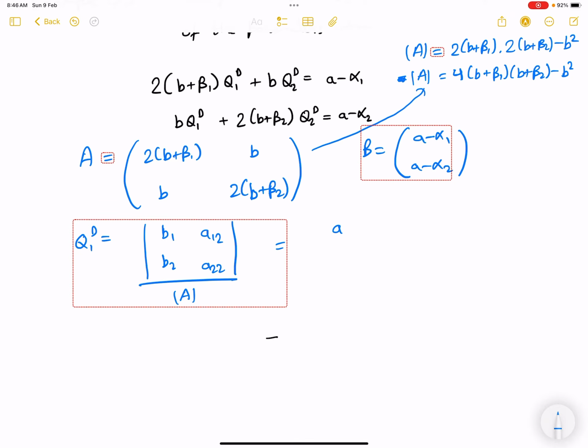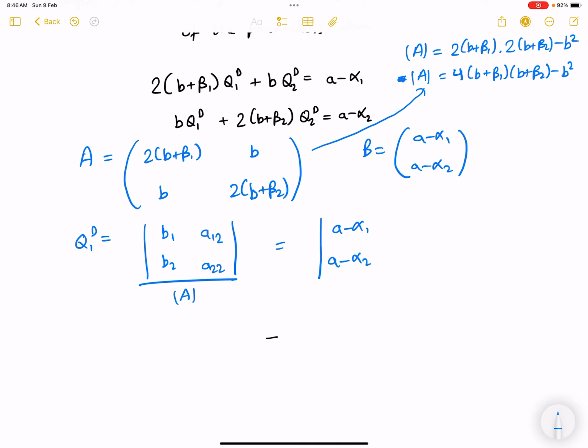b1, b2, a minus alpha 1, a minus alpha 2, sorry, a minus alpha 1, a minus alpha 2, then b, 2 times b plus beta 2 upon A determinant.